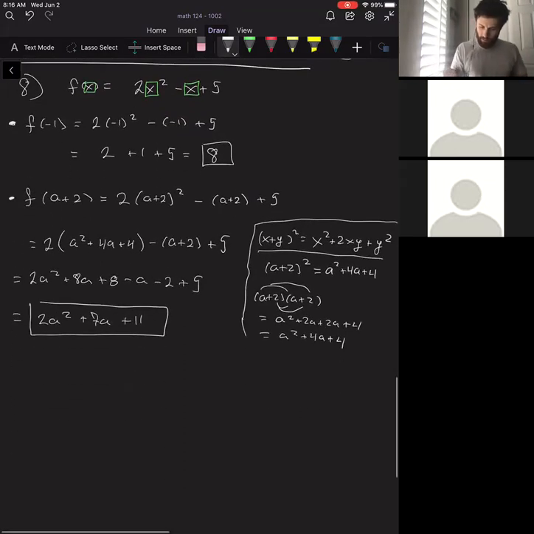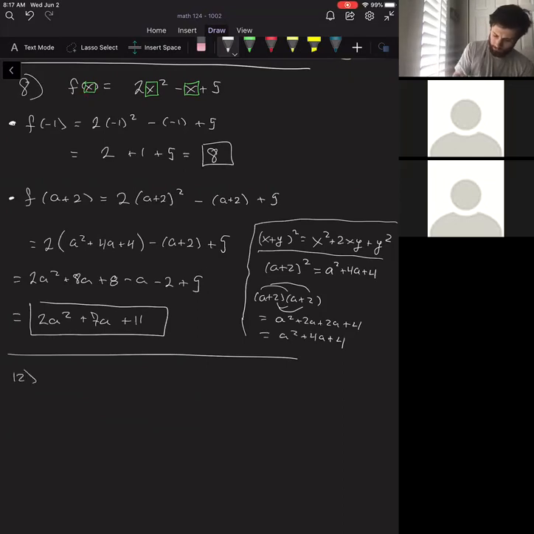Okay, now let's do 12. Find the domain of f of x is equal to... actually, I want to change this problem and make it a little bit different.